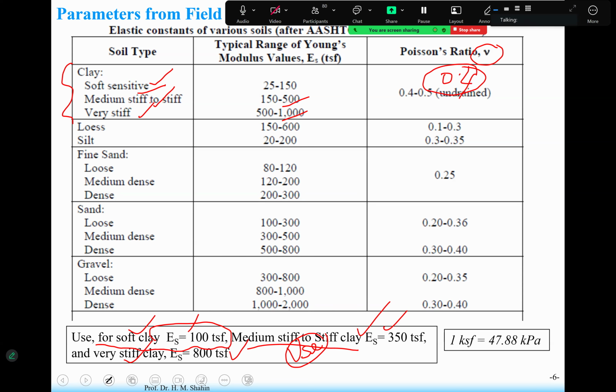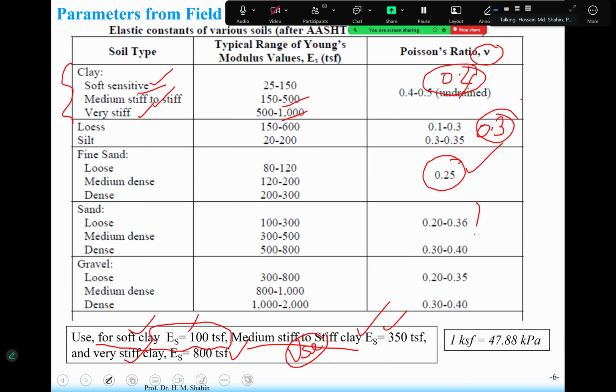Then for silt, use 0.3. Up to 0.35 is given, but you use 0.3 for silt. Then sand, use 0.25.